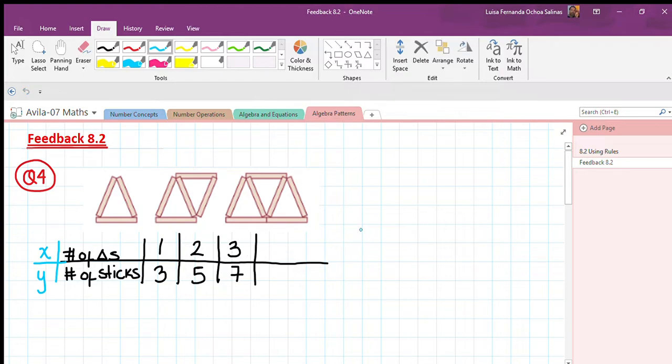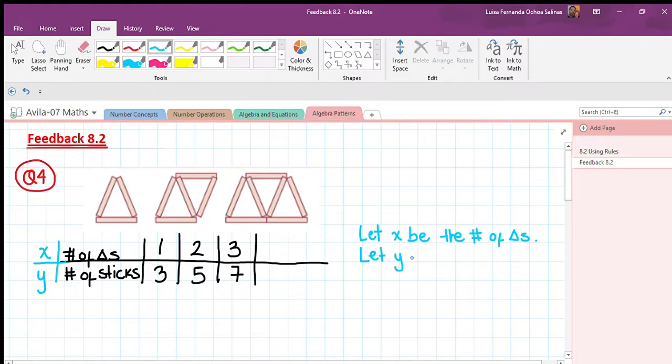So I'm going to say here, let, and this is the sentence that you have to write every time that you're defining a pronumeral. You have to say, let X be the number of triangles, and let Y be the number of sticks.